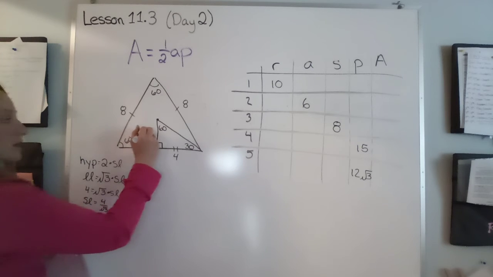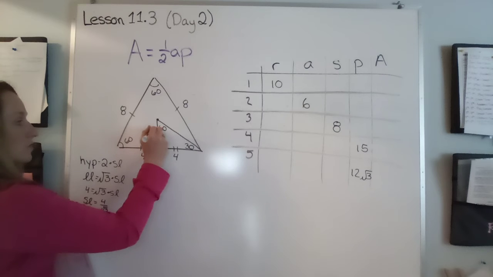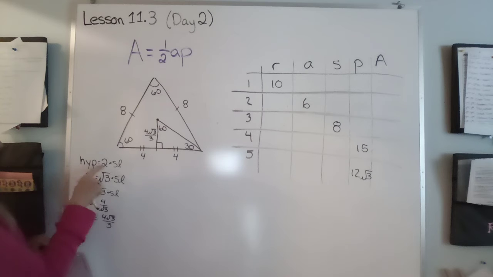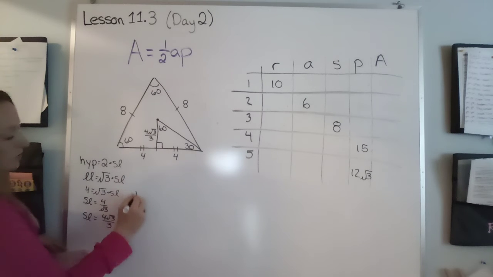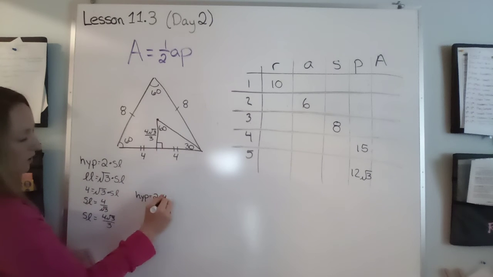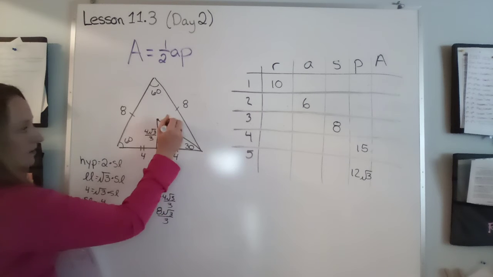So that goes here. 4 root 3 over 3. And then your hypotenuse is 2 times the short leg. So your hypotenuse is going to equal 2 times the short leg, which is that 4 root 3 over 3. So that's going to give you 8 root 3 over 3.